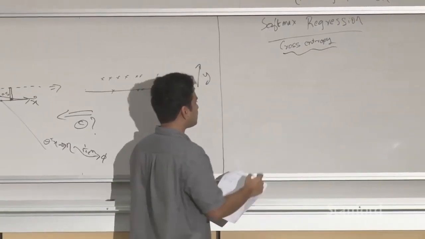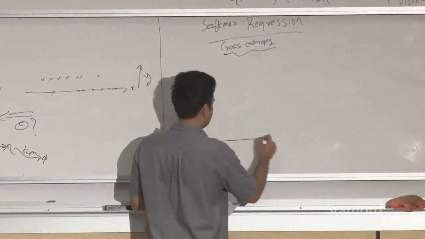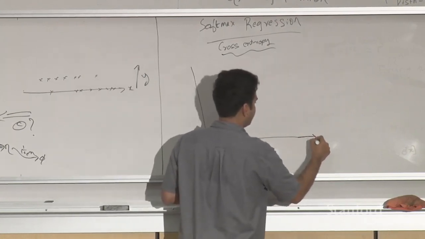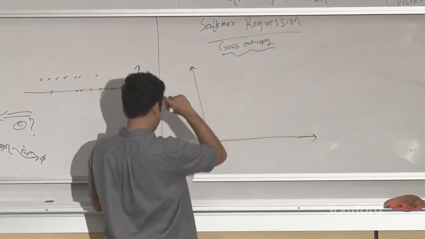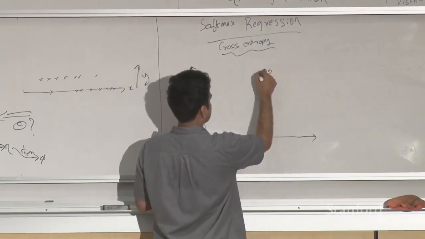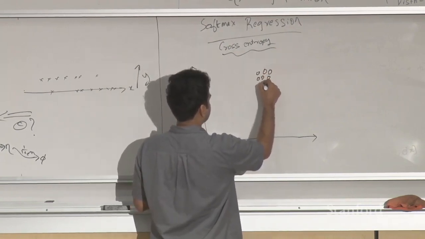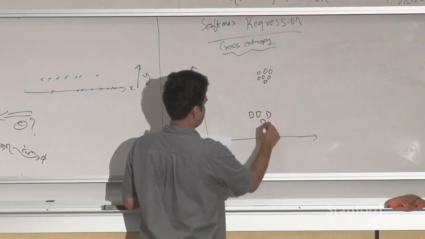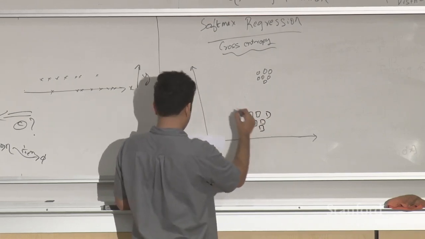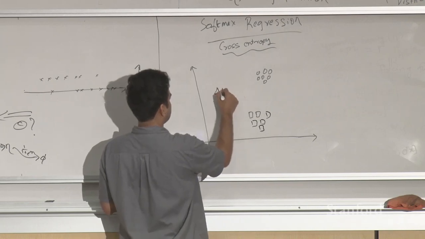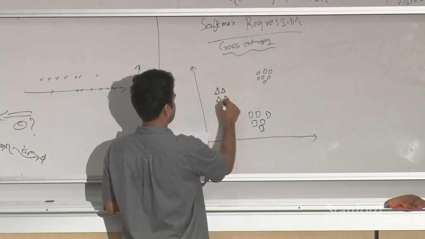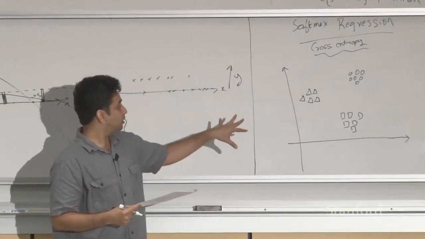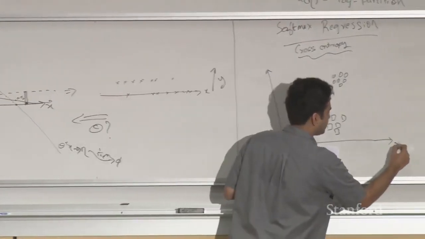So here we are talking about multi-class classification. Let's assume we have three classes of data. Let's call them circles, squares, and say triangles. Now, this is x1 and x2.